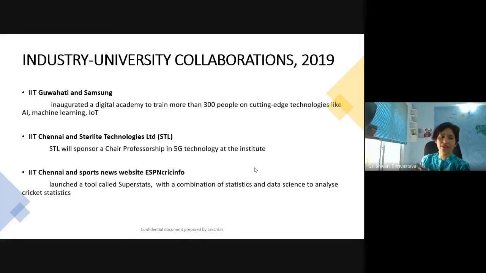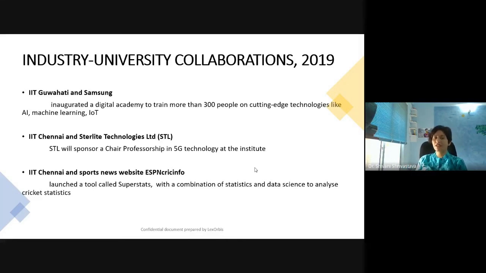Some of them are like IIT Guwahati. The Samsung company has started a collaboration with IIT Guwahati, where the digital academy trains more than 300 people on cutting-edge technologies like AI, machine learning, and IoT. You can say current technology depends on AI, machine learning, and IoT. That's software, or everything is on cloud.